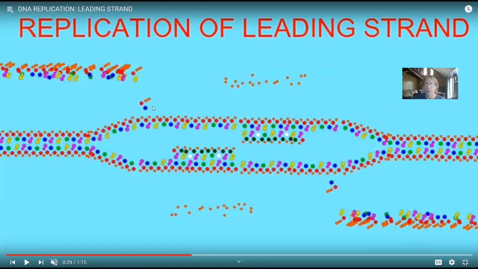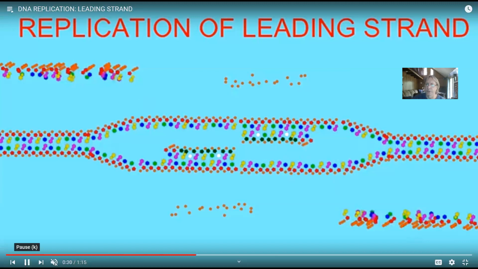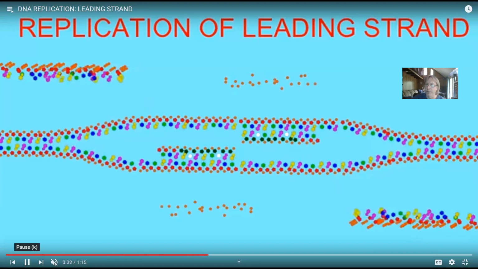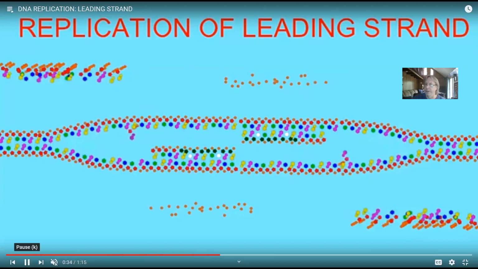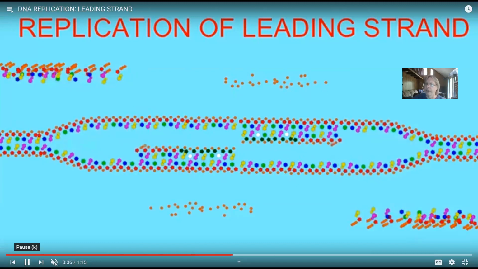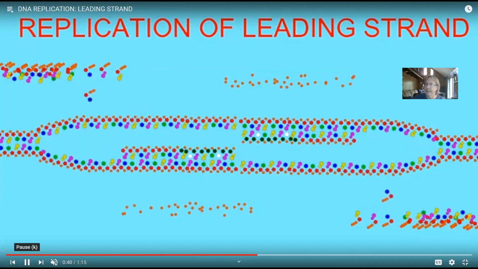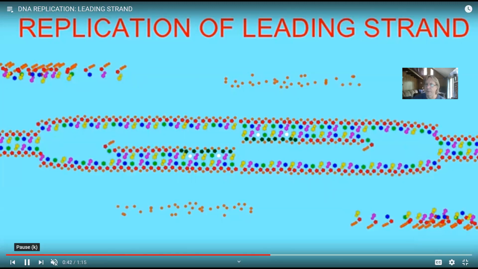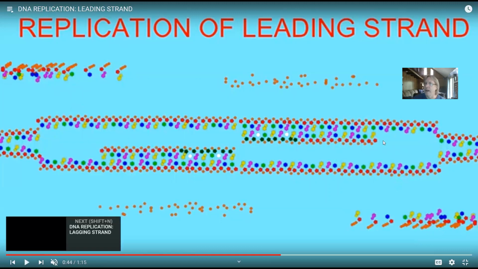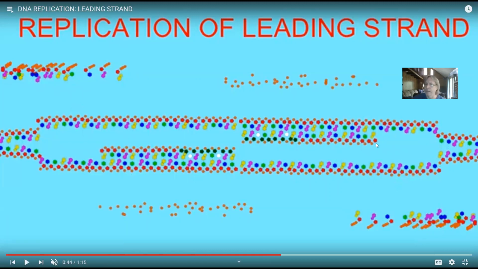If we want to add a new nucleotide here, then the next one will come in with its 5' end first. And then we can just keep on going, because every new nucleotide comes in with the appropriate end first, that 5' end, and we can then attach the new nucleotide to the old one which was already there.